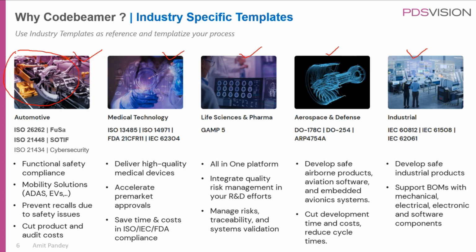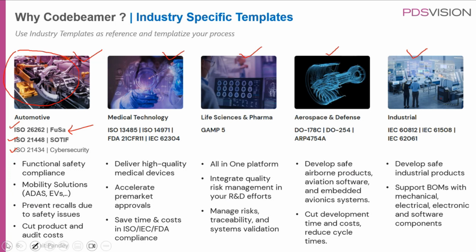Now, within automotive, you have 3 key ISO standards. One is 26262, which is functional safety, which is today's session. And then we have SOTIF, and we have cybersecurity. We also have video recordings for these, which you can see on our YouTube, or on our PDSVISION website.